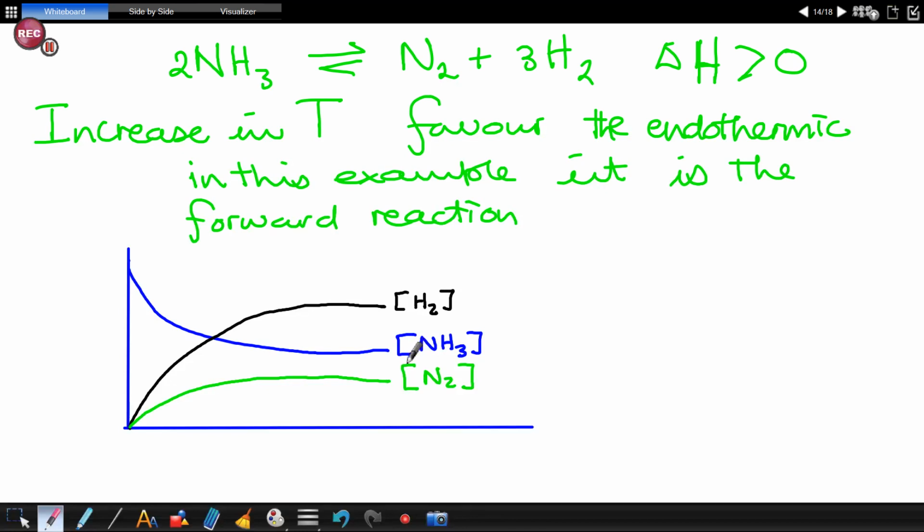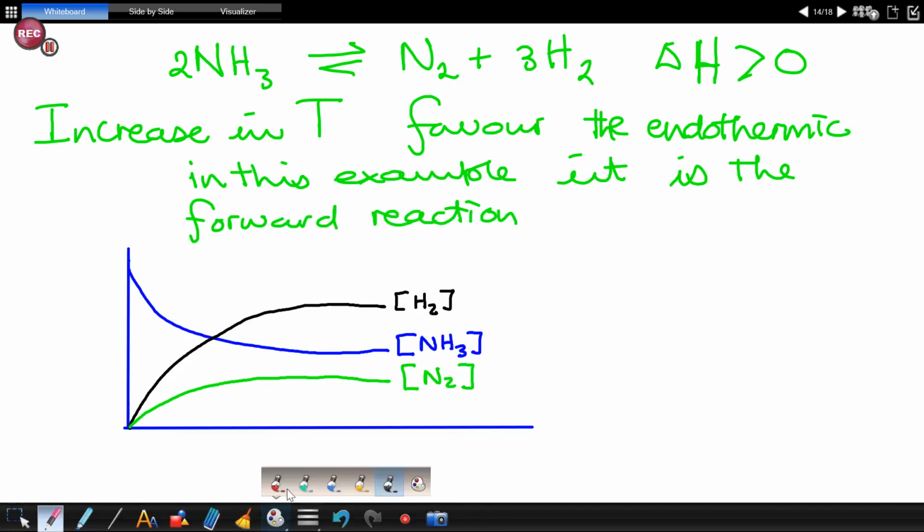Okay? Now, we change the temperature. At this point in time, we change the temperature. We are going to increase the temperature. Which reaction is favored? The endothermic reaction, and the way we wrote the reaction equation down, it is the forward reaction.